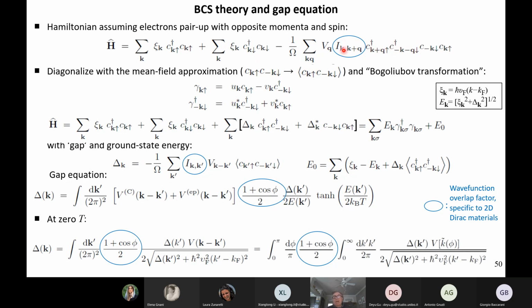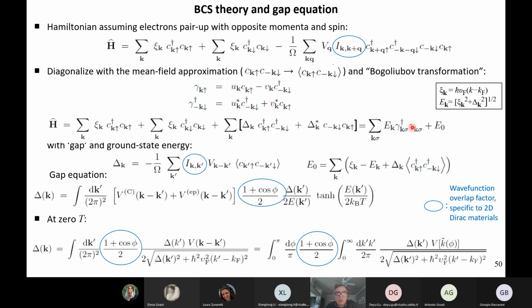The idea is, can I write this in a diagonal form? The general procedure of taking a Hamiltonian which is free particles, but they interact via some interaction, is to find a linear superposition of creation and annihilation operators of the two particles with coefficients U and V that have to be determined, and see if you can write it in this form.